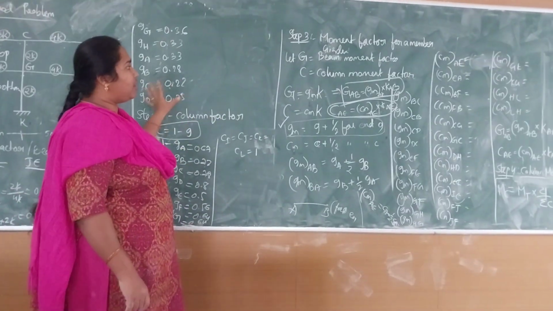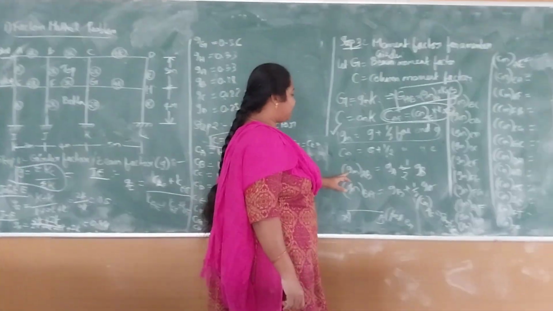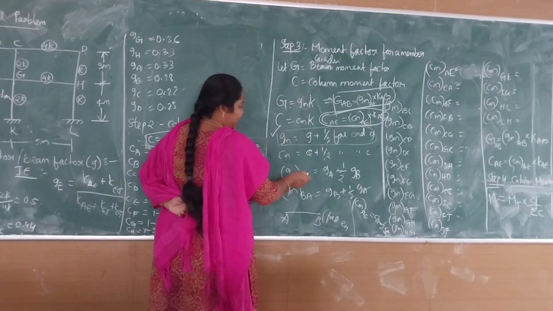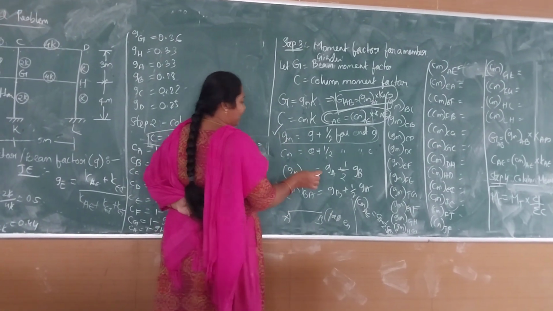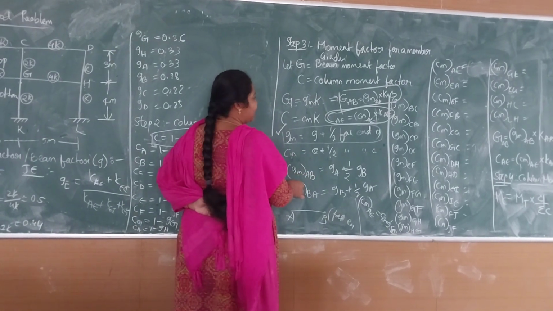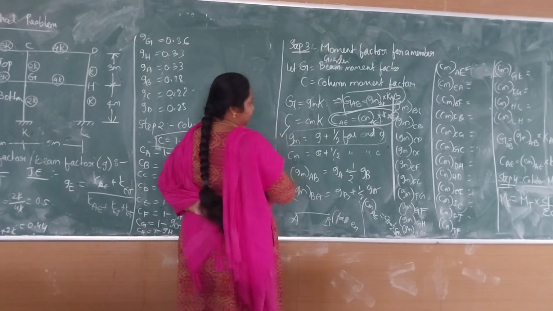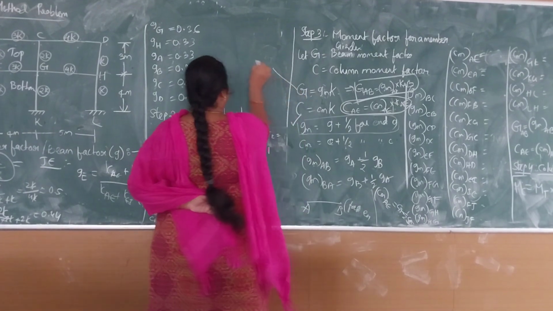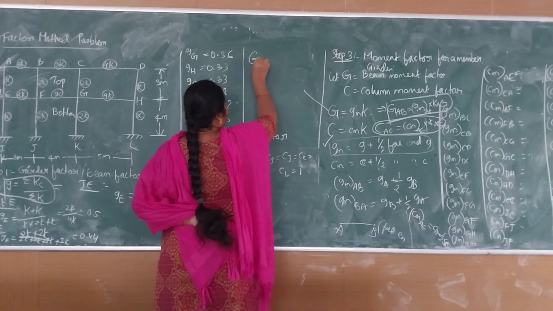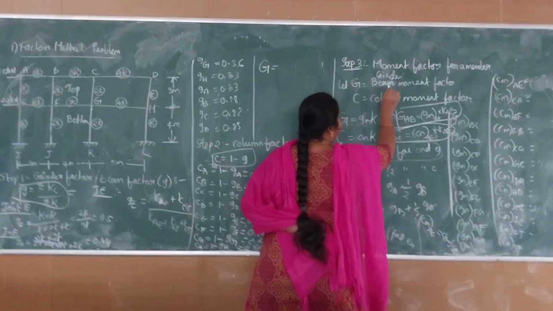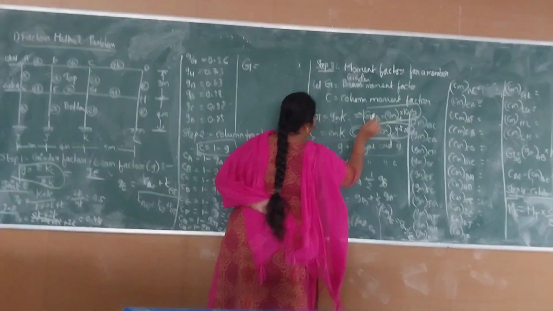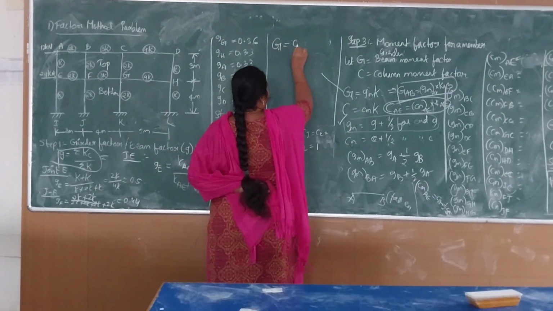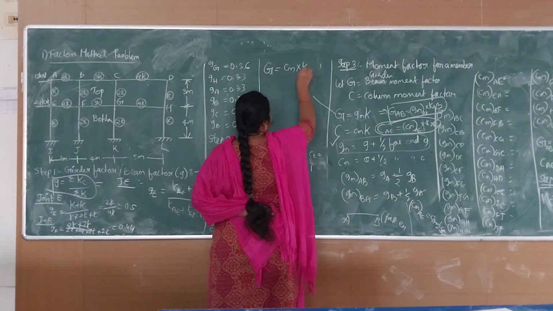This is step number 3. From step number 3 we can calculate GM values and CM values. Now we will substitute this small gm and small cm in capital G and capital C. Capital G is nothing but the girder movement factor, equal to GM into K, and capital C is equal to CM into K. This is the formula.